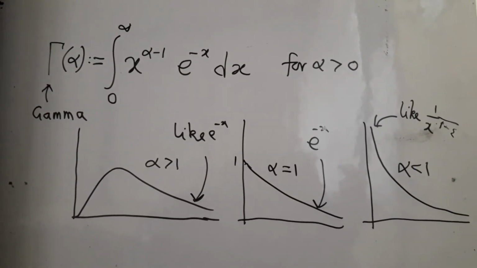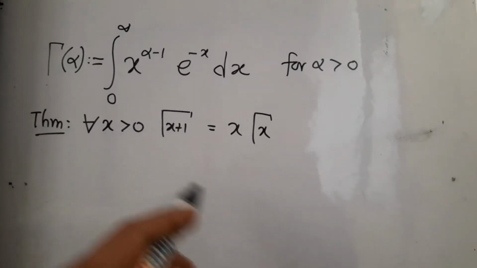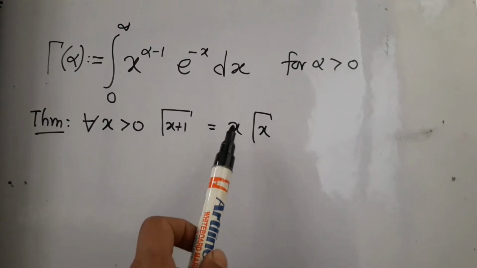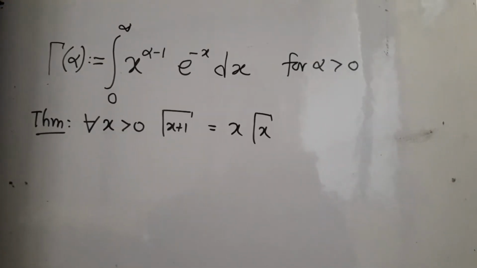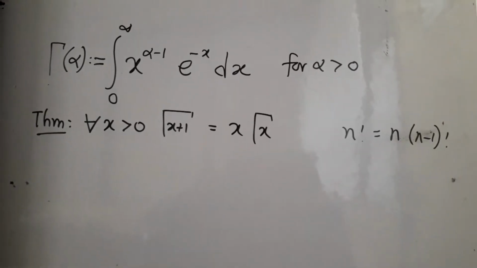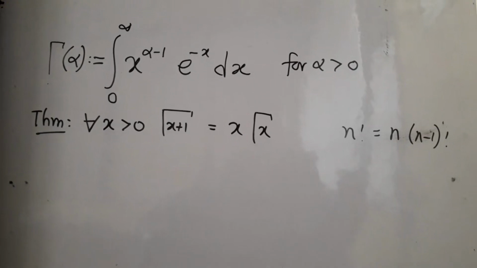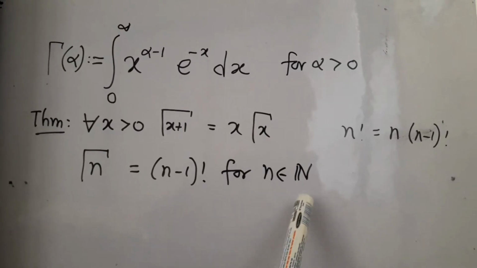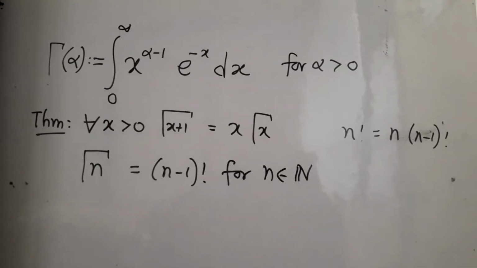In particular, we have this theorem: for all x, gamma of x plus 1 is x times gamma of x, which is very similar to n factorial equals n times n minus 1 factorial. Indeed, we have gamma of n equal to n minus 1 factorial for any natural number n, 1, 2, etc.